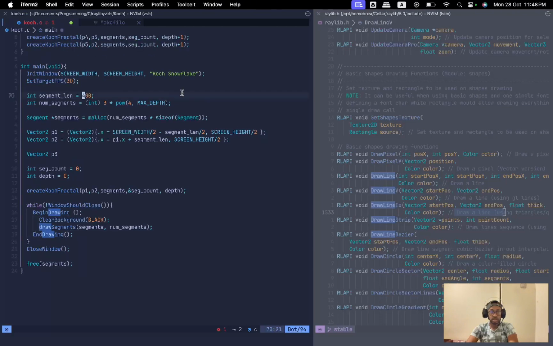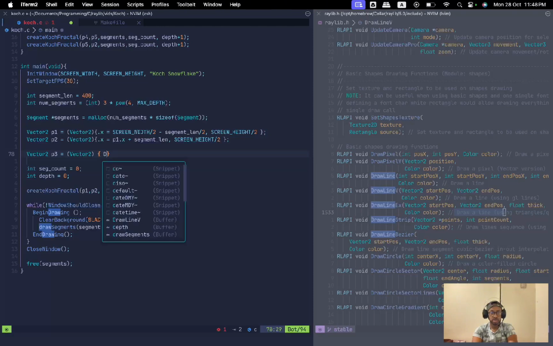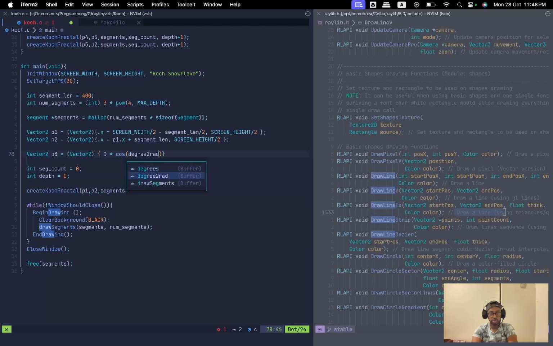We know D is the segment length, so for P3, vector 2, the x is D times cos of degree 2 rad of 60 degrees.